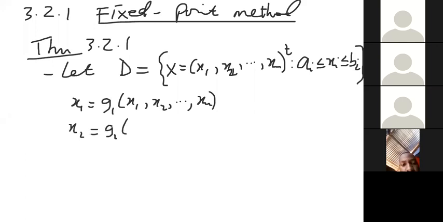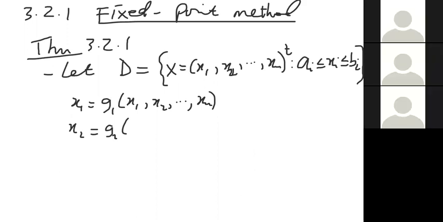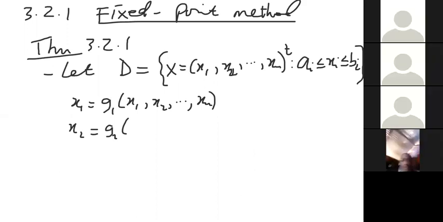When you were looking at the one variable case, you saw that it's possible to write one equation in terms of that same x. Then you'll be able to make it the subject, and from there you can apply the fixed point method. So we'll try to do something similar here.